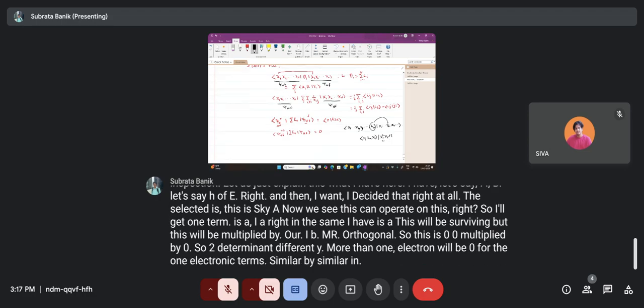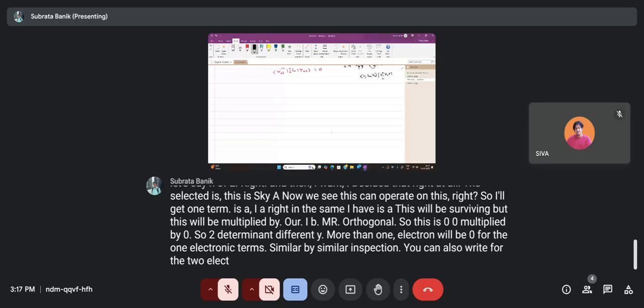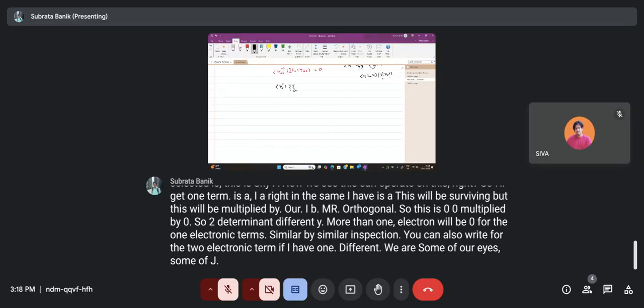By similar inspection, you can also write for the two electron term. If I have one difference, A to R, sum over i, sum over j greater than i, 1 upon r_ij.